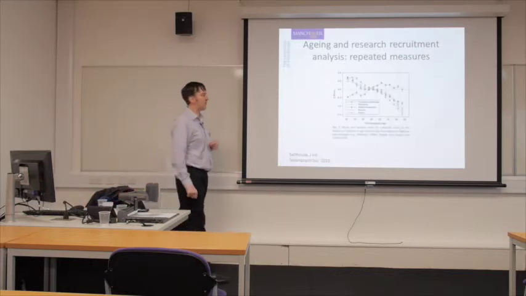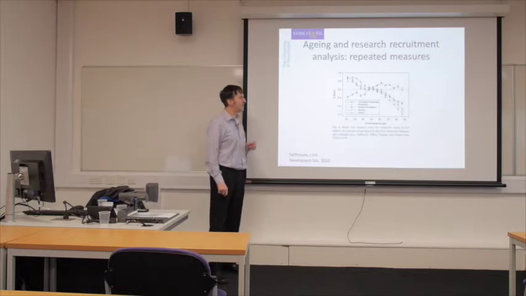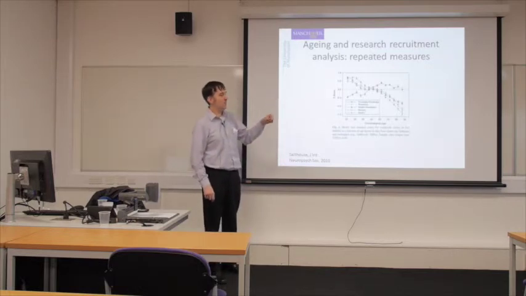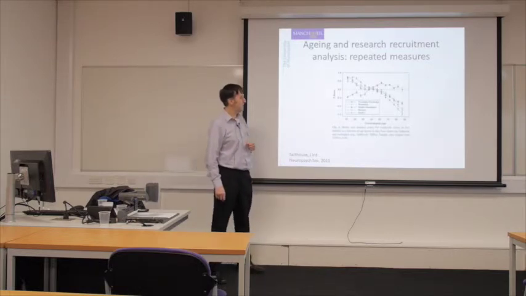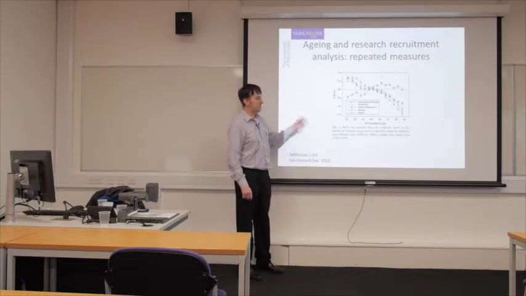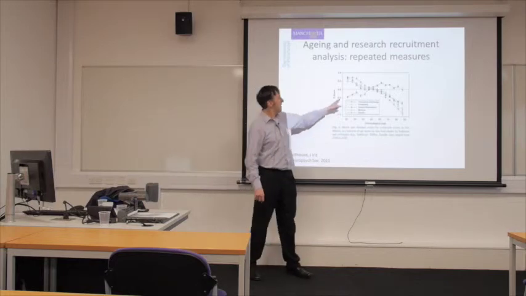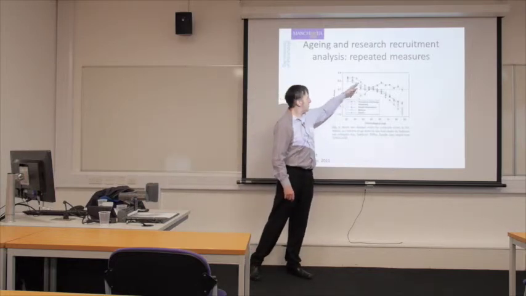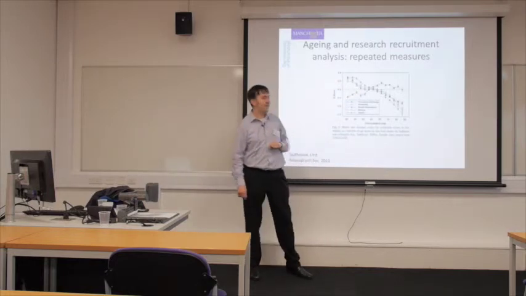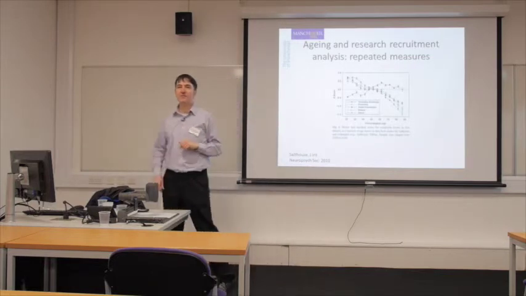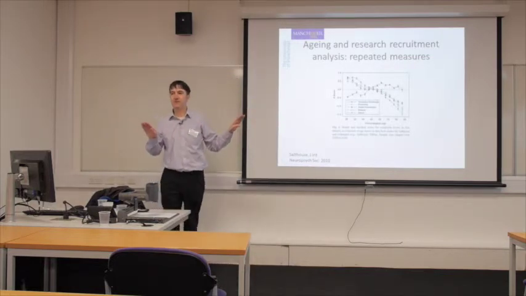So here's a quick example of cognitive aging. These are two plots of cognitive aging from an American study by Tim Salthouse. This is what's called crystallized intelligence, the knowledge of vocabulary, and this is very well maintained across life.